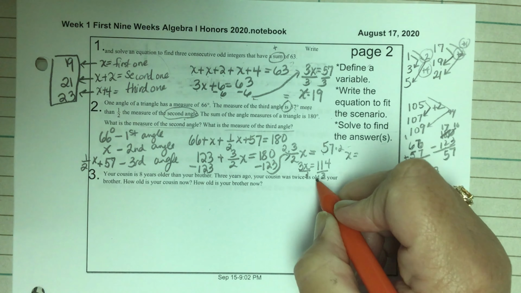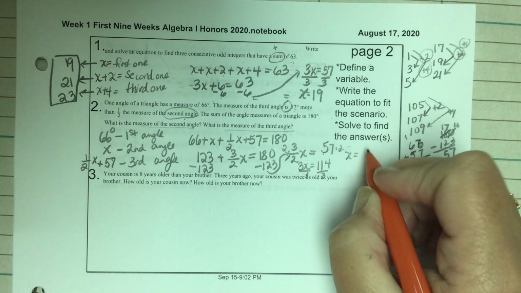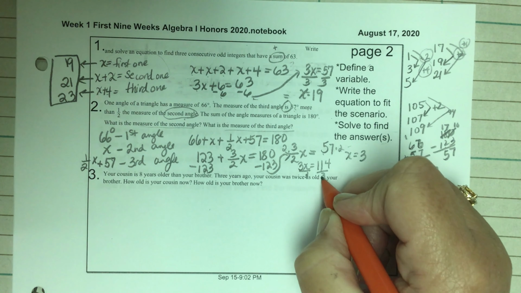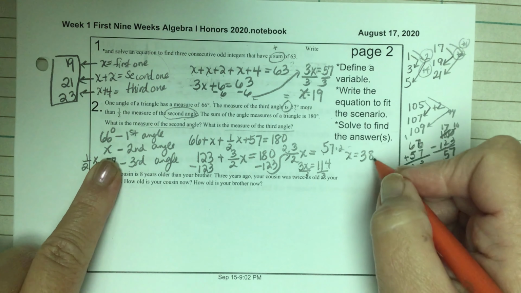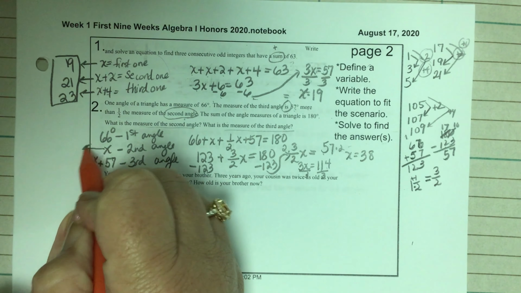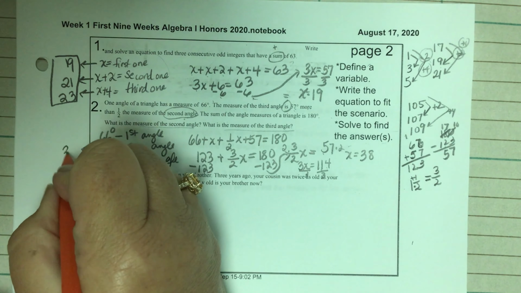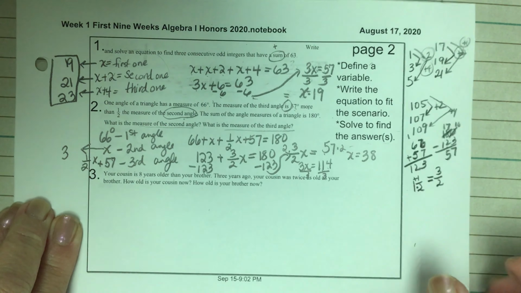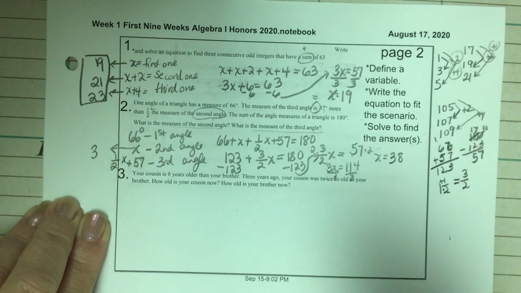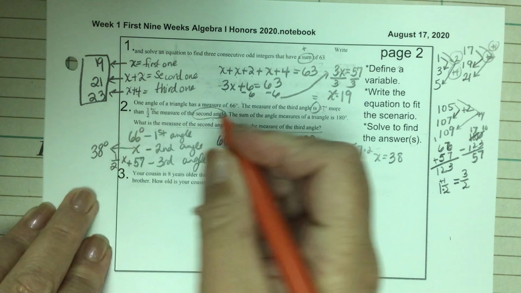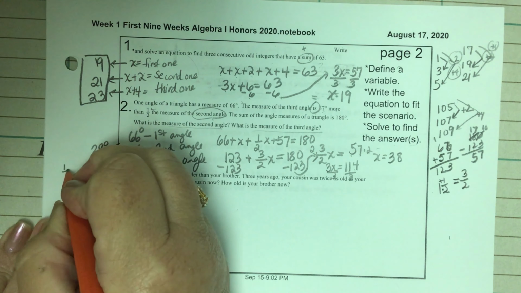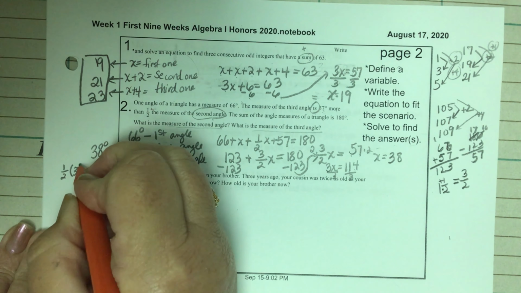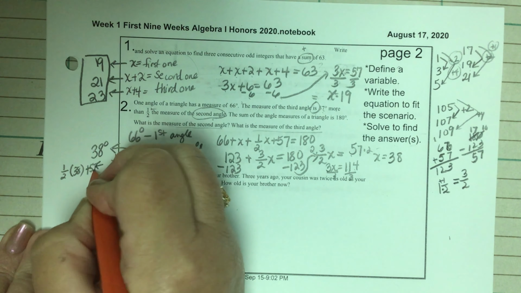X will equal, 3 goes into 11 3 times with 2 left over, 3 goes into 24, 8 times. So the measure of the second angle is 38 degrees. And the measure of the third angle is half of 38 plus 57.